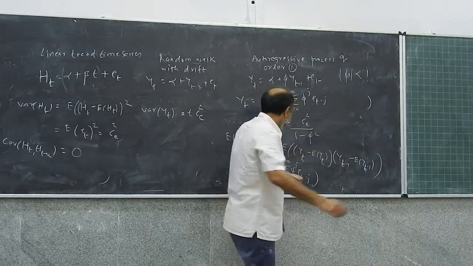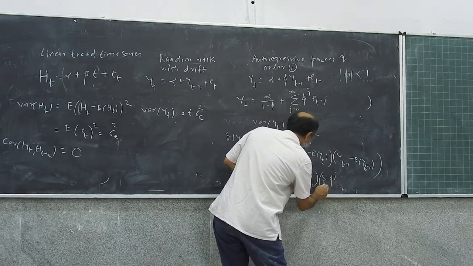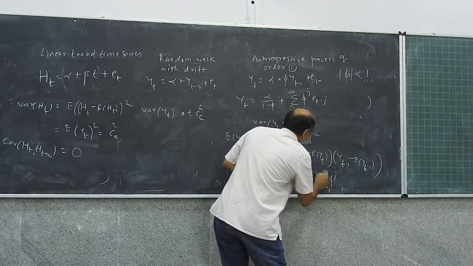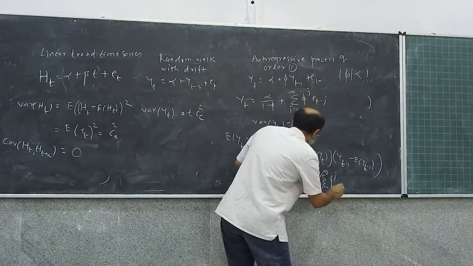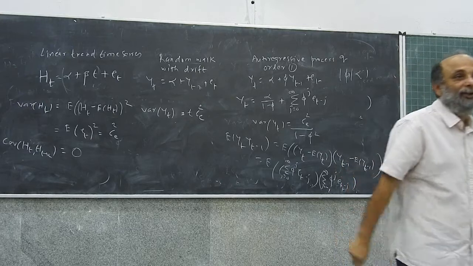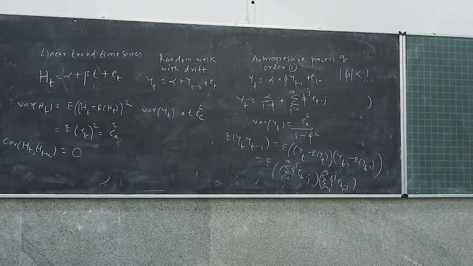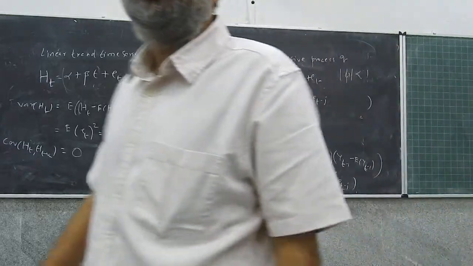Right? So you will be starting with minus 1 to infinity. So j goes from minus 1 to infinity, right? Everything will be pushed back by 1 period. So what do you think that product will be?